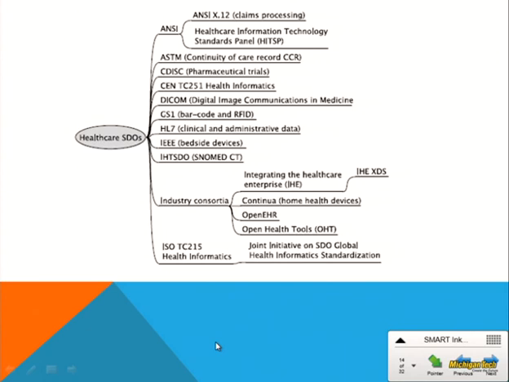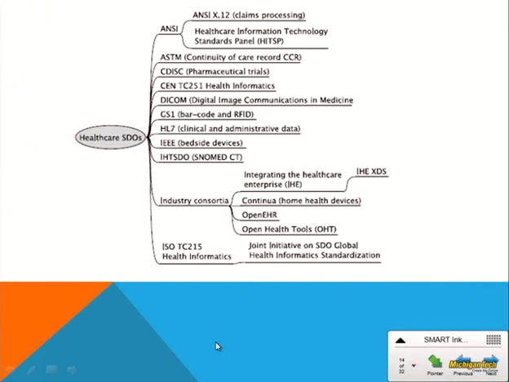CEN TC 251 is for health informatics. DICOM I talked about just now. GS1 is barcode and RFID. HL7 specially deals with clinical and administrative data. Also, we have IEEE. It majorly works on bedside devices. IHTSDO works on SNOMED CT. That is the standard terminology for medicine.